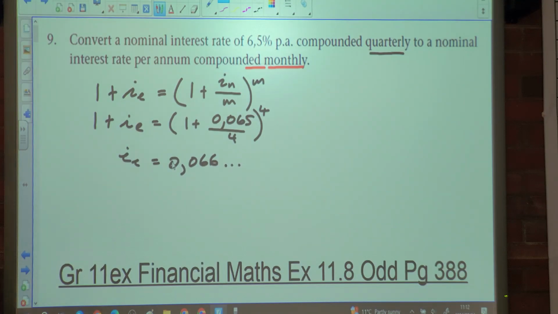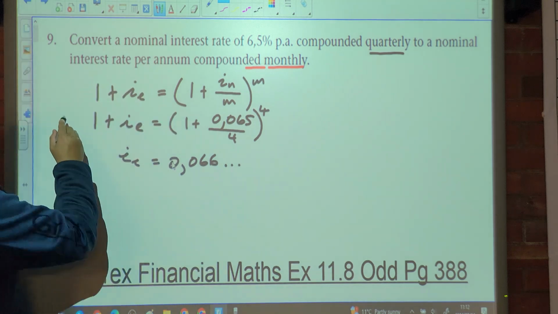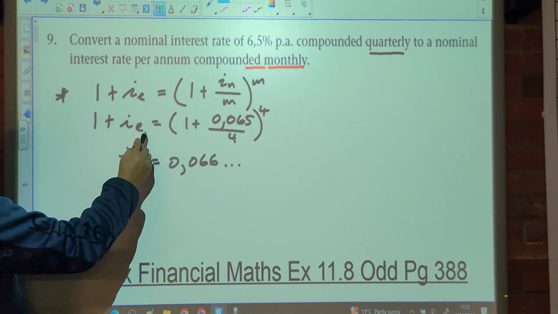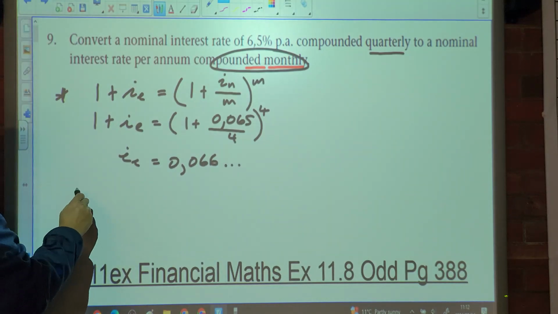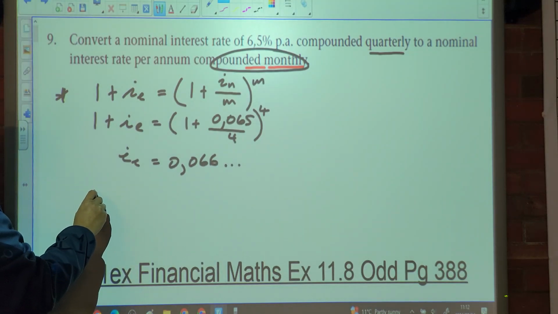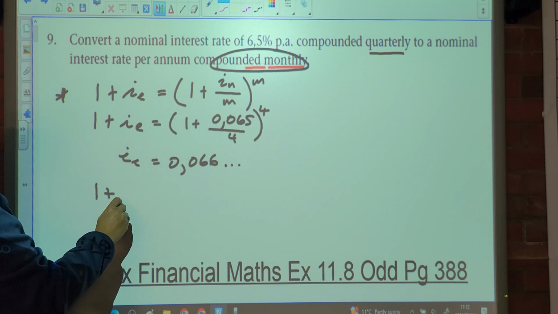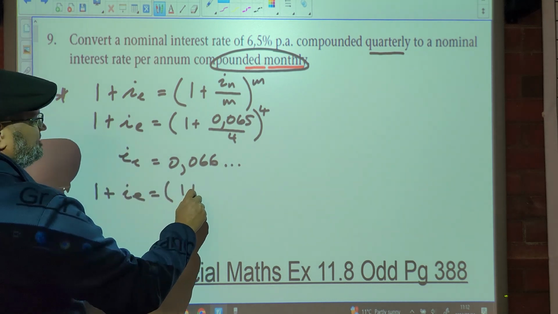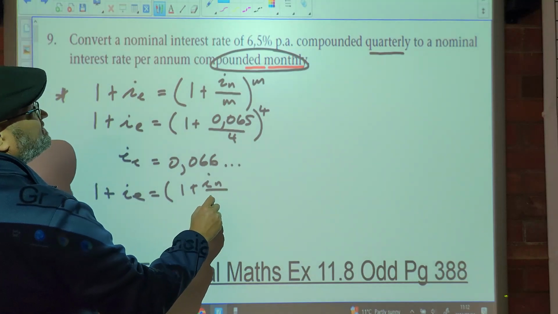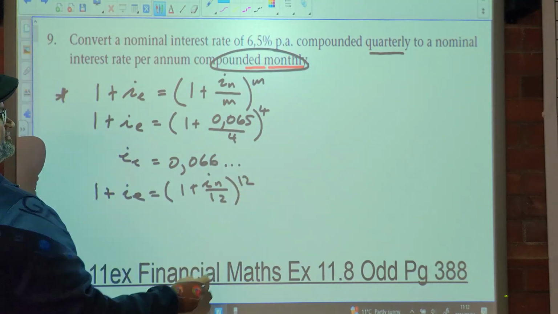But what happens to this effective interest rate? It must then be converted to a different compounding, not so. For the second part of the calculation, 1 plus i effective equals 1 plus i nominal over 12 to the 12.